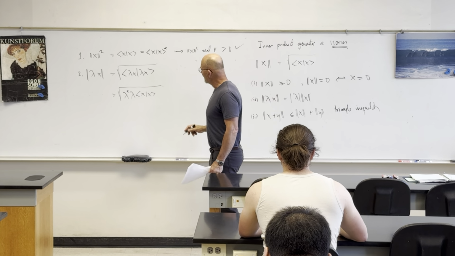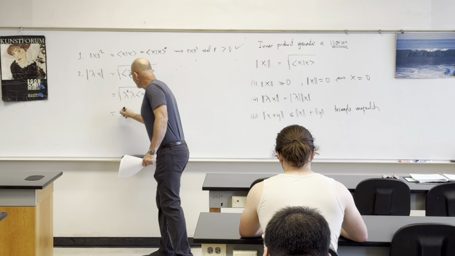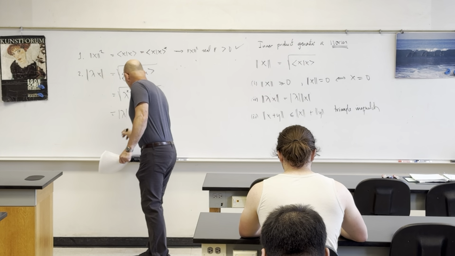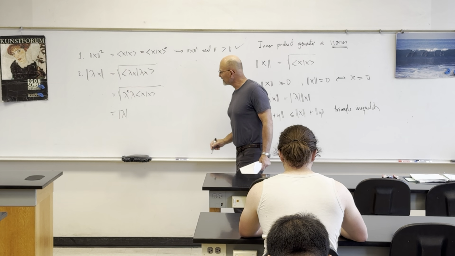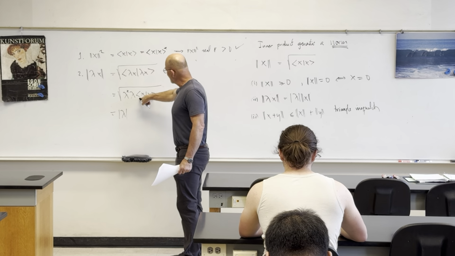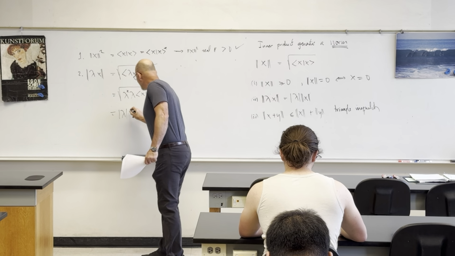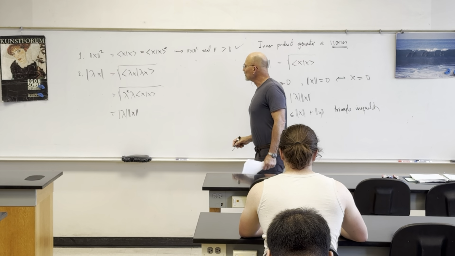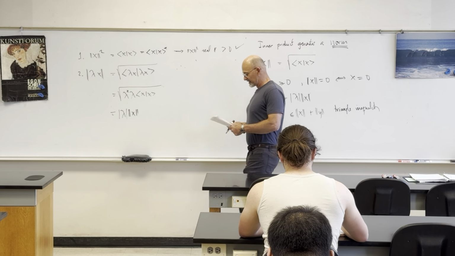Okay. And the square root of lambda star lambda is the complex magnitude of lambda, and the square root of x with itself is the norm of x.